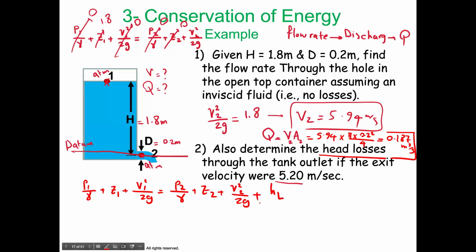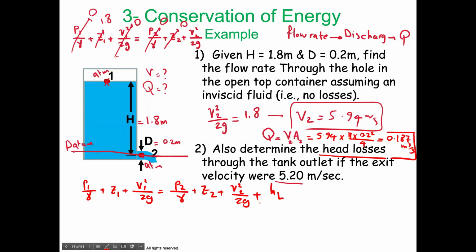These are losses. Always add losses to the right hand side of the equation. Whenever I didn't write that, it means the question didn't mention it, I neglected it, it was small, or I didn't have data for it. But right now it asks me to find that.